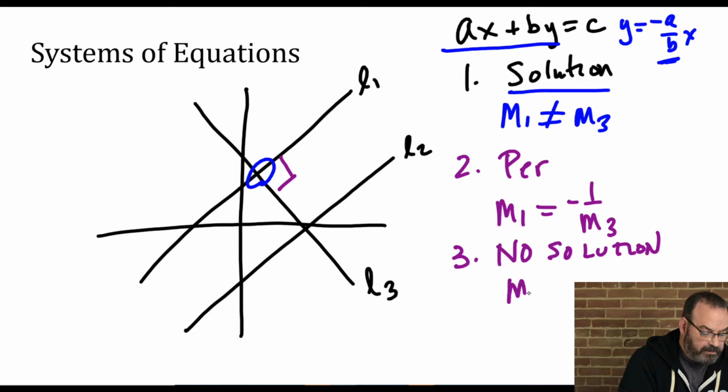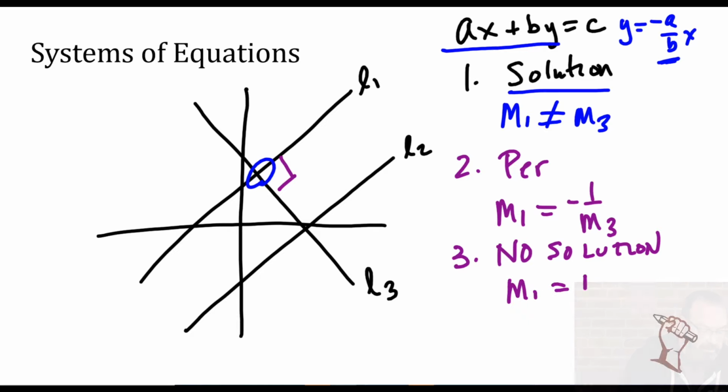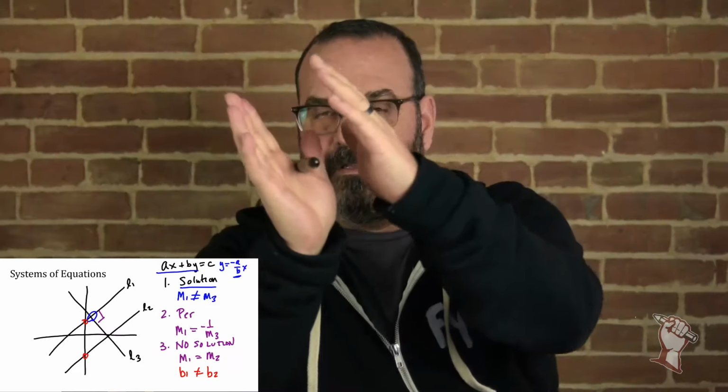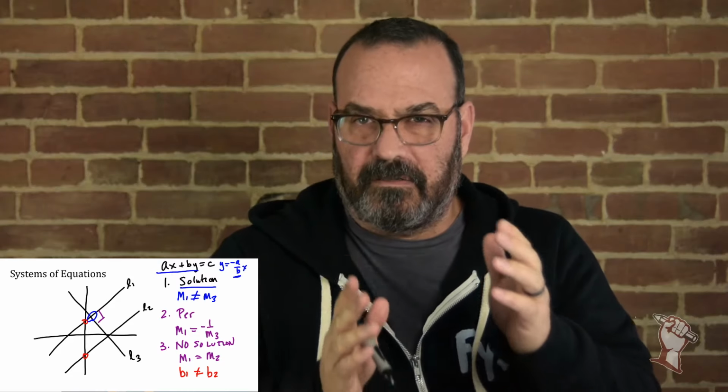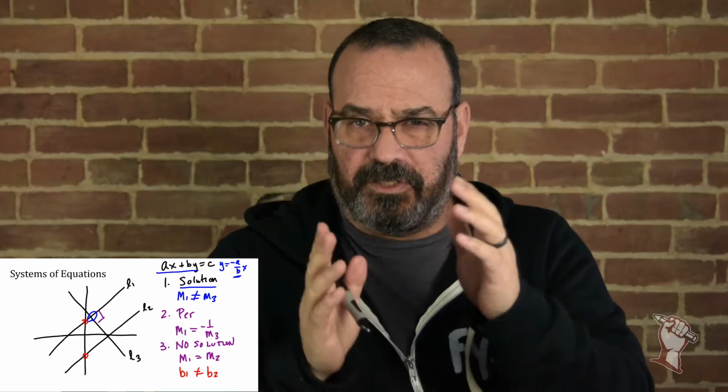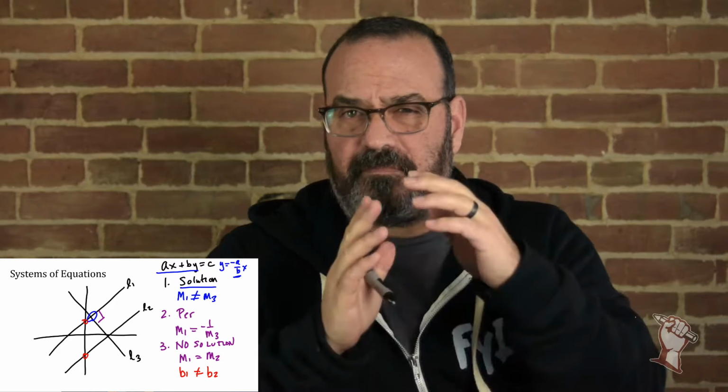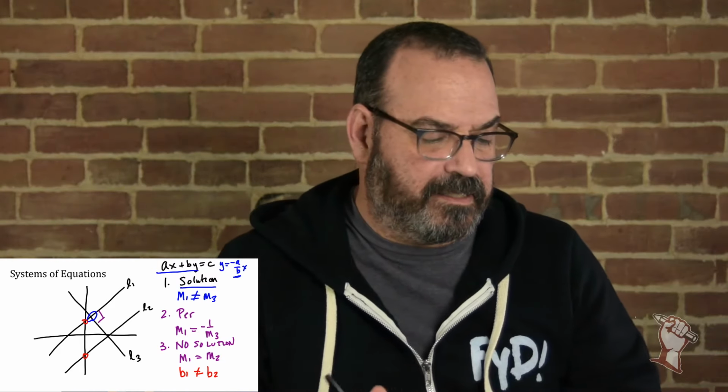Line 1 and line 2 have no solution because their slopes are equal, but their y-intercepts are not equal. So two lines are parallel, they never touch. There's a big argument in mathematics that you never know if lines touch because you can't know infinity. That doesn't apply to the ACT and the SAT.